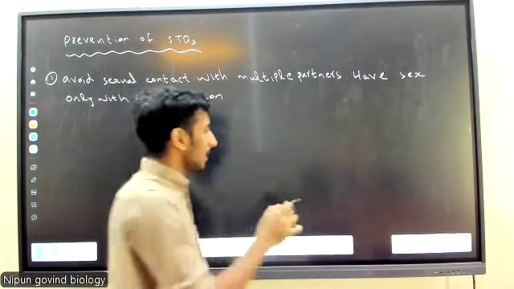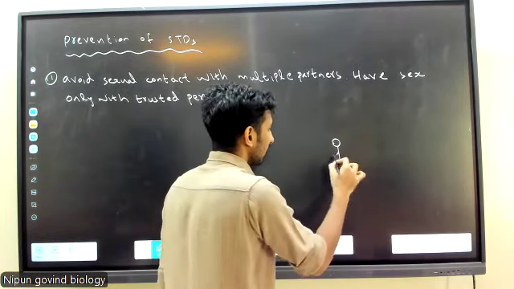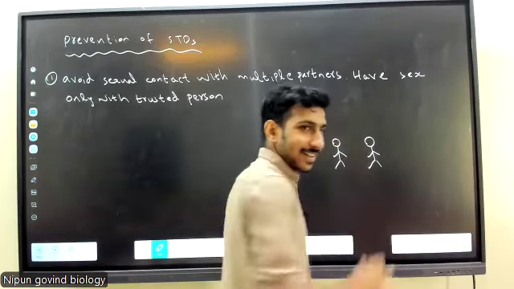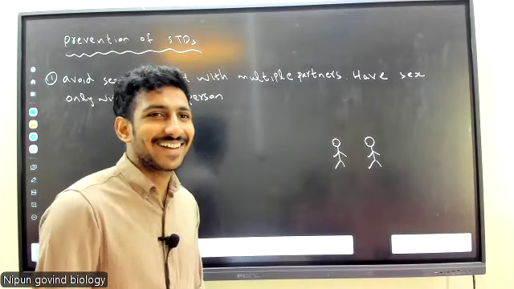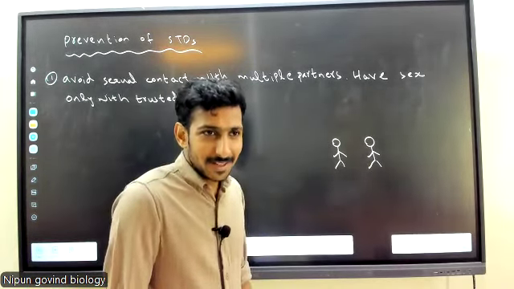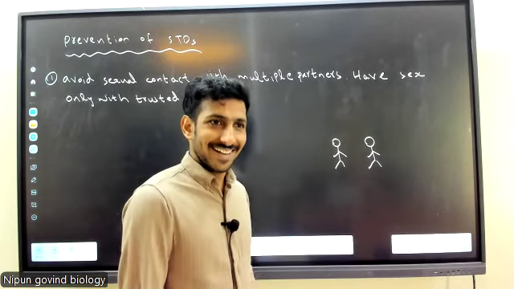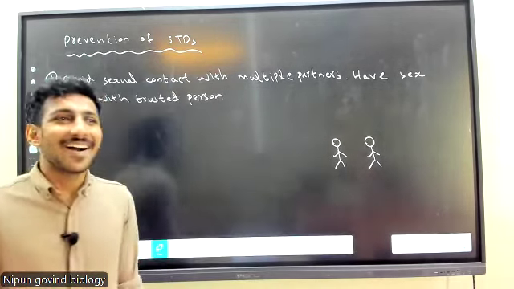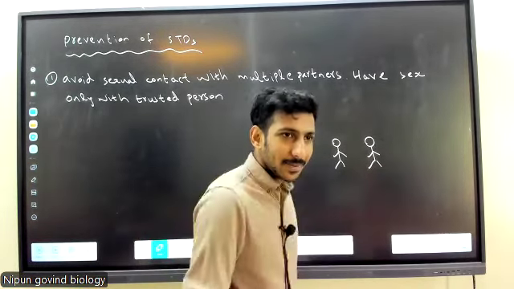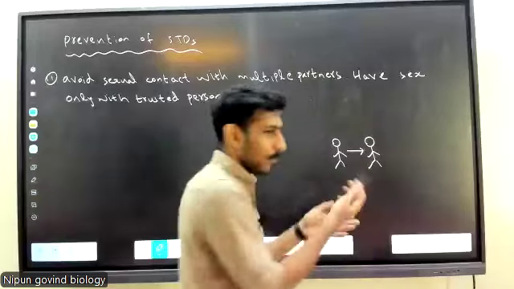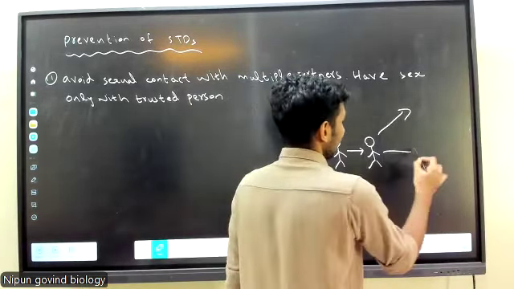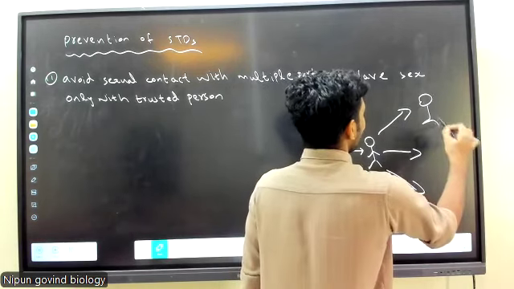For example, this is Gavin and this is Gavin's girlfriend. Person A, person B. This is a male, this is a female. And he trusts her, and they are having sex. No problem. But she is a cheater. She is having sex with 3 different people.